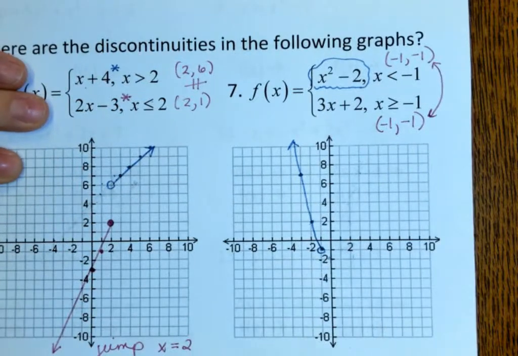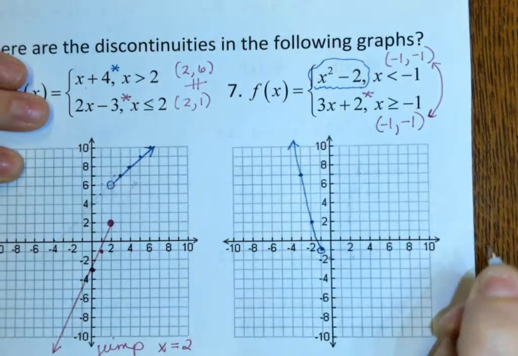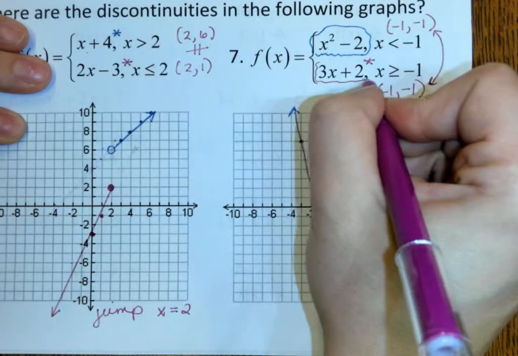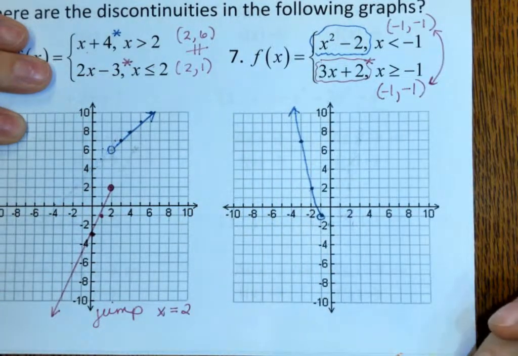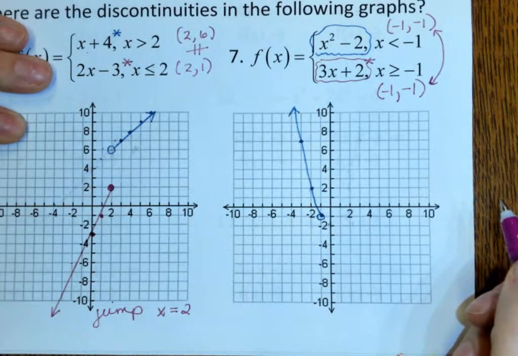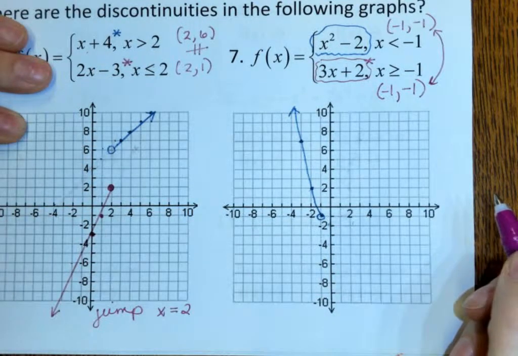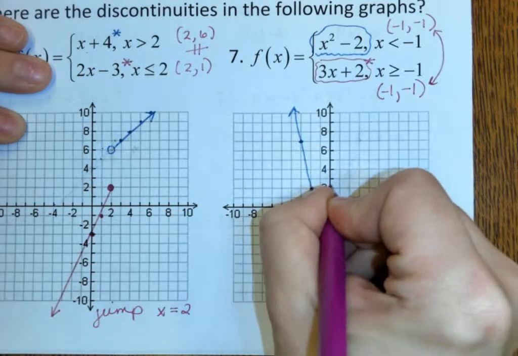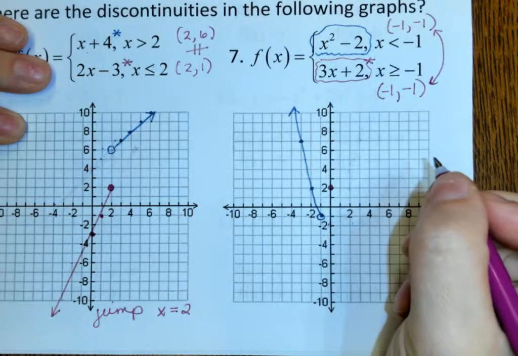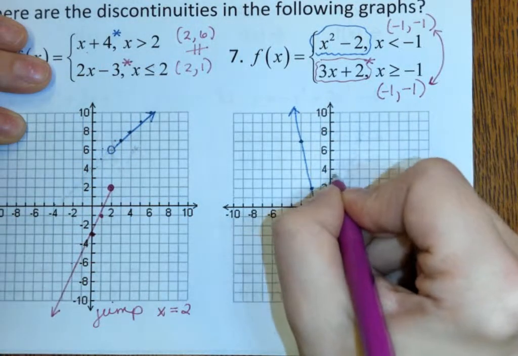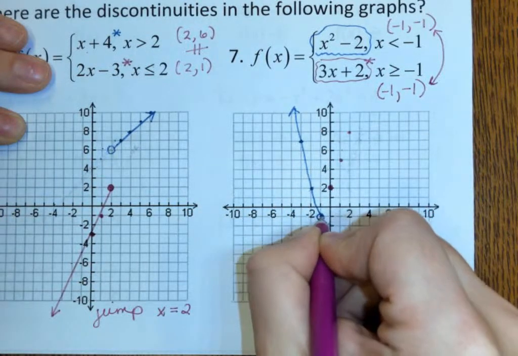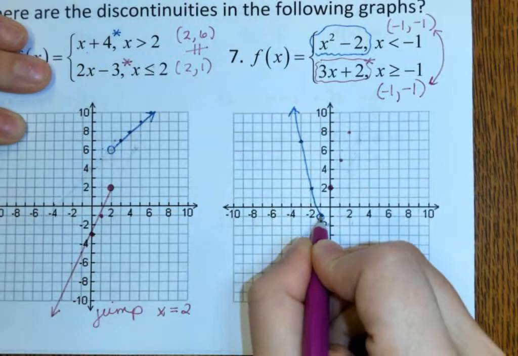What kind of a function is this second equation? What's this guy? It's just a line where it crosses the y at, where's the y-intercept? Plus 2. From there we go up 3 over 1. Down 3 over 1. So at this point, negative 1, is that going to be an open or closed circle?